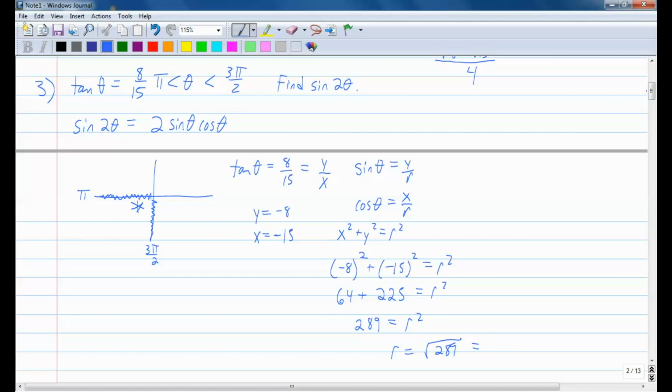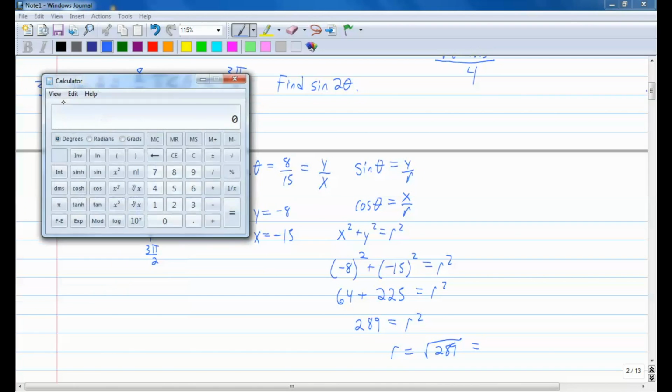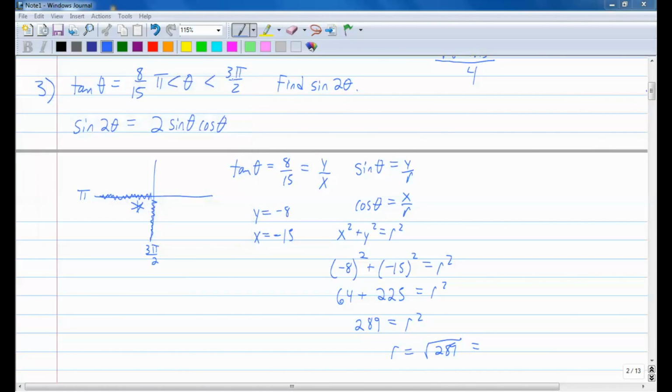Let's check it out and see. The square root of 289 is 17. Alright, so now we can find sine and cosine. So sine is negative 8 over 17. Cosine is negative 15 over 17.